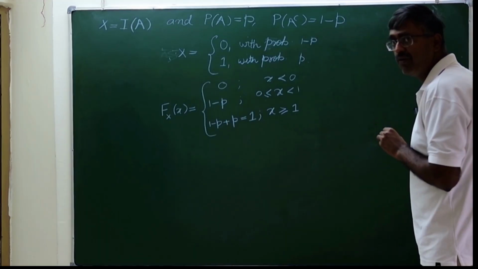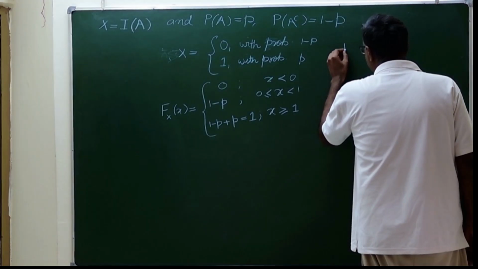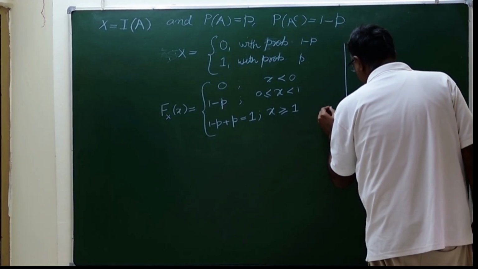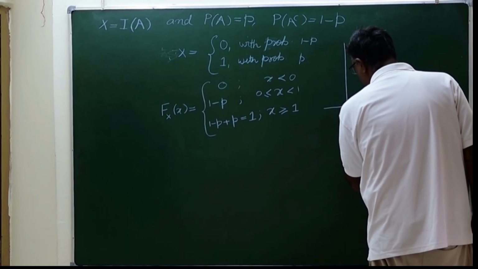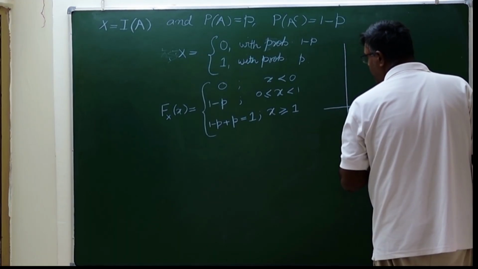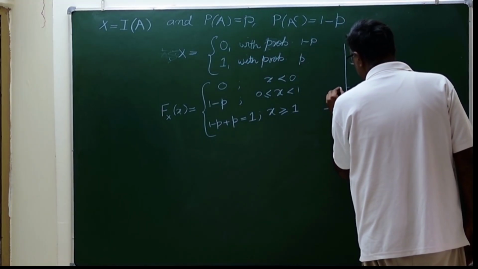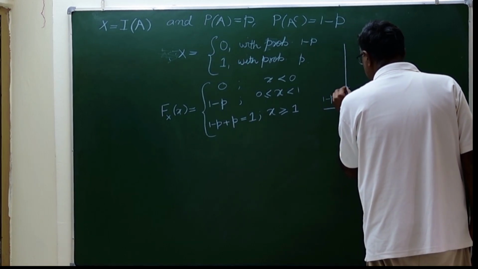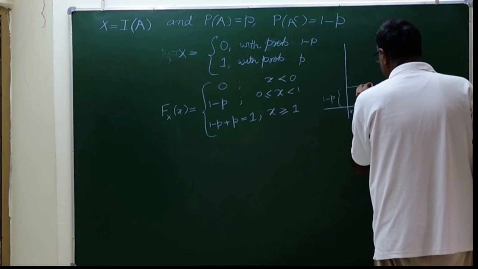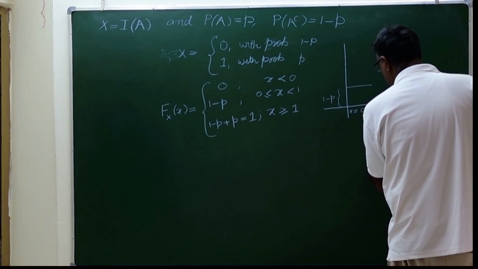So if I want to plot this distribution function, it will have two jumps. At x equal to 0, we are given that the probability is 1 minus p, so the jump is of 1 minus p. This distribution will continue till the point where x equal to 1 is observed.